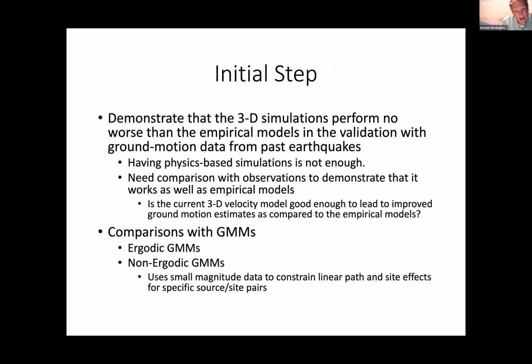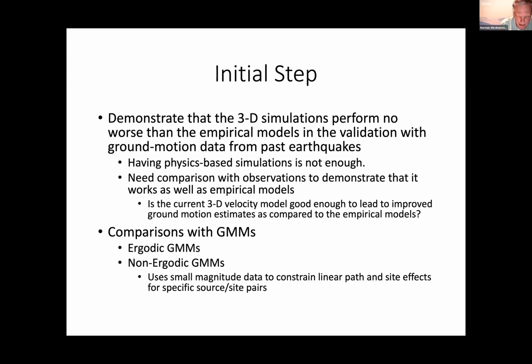So the first step in moving to implementation is we need to demonstrate these simulations are no worse than empirical models. My criteria is not that high: you can't be doing worse than our empirical models. Having it be physics-based is nice, but it's not enough for us to use in practice.